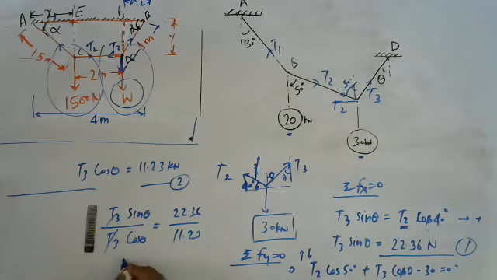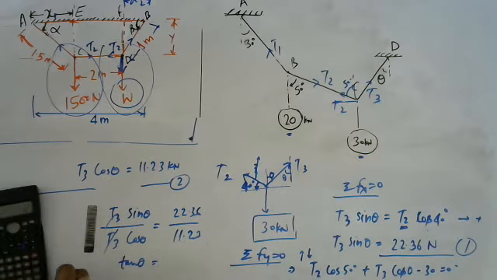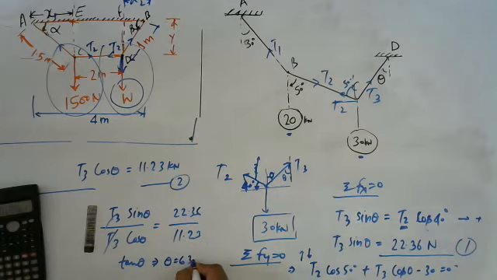So sin theta over cos theta is tan theta, equal to tan inverse of 22.36 divided by 11.23. Okay, shift tan answer is equal to theta. I directly write here theta is equal to 63.33 degree, which is asked in the problem.